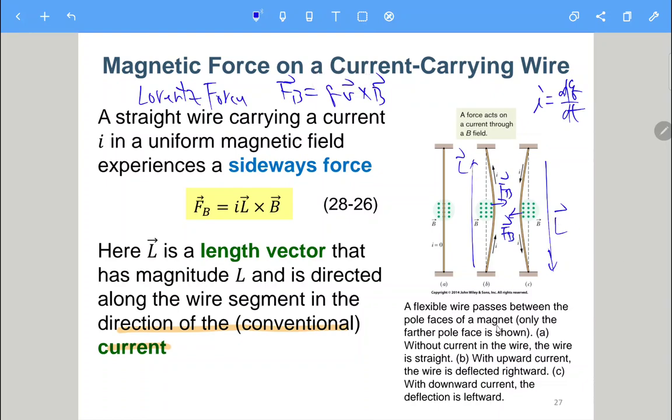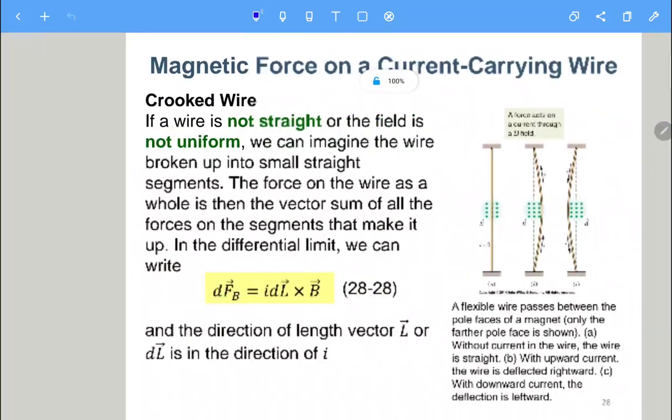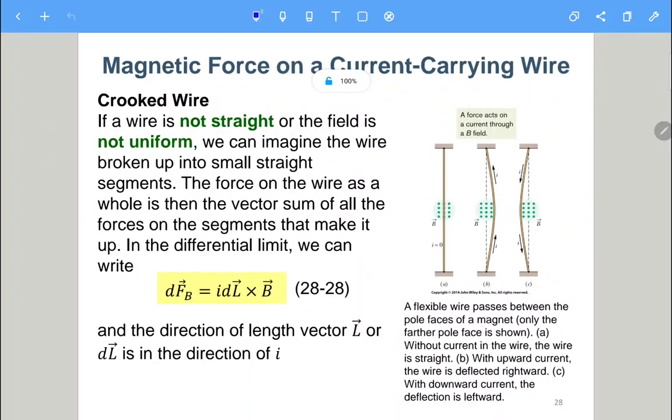Okay. So this is pretty much it. And if a wire is not straight or the field is not uniform, we can imagine the wire broken up into many small straight segments, and the force on the wire as a whole is then the vector sum of all the forces.